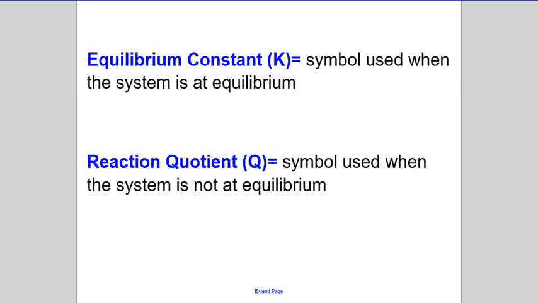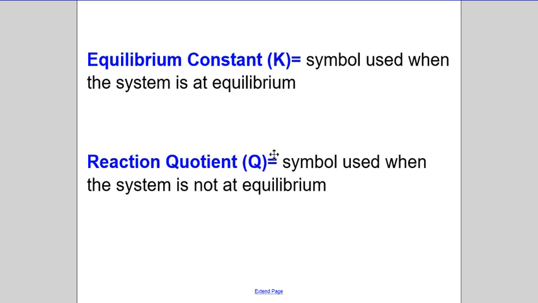So the first topic to talk about is Q and K. You guys already know what K is. That's the equilibrium constant. So that's simply what we use for any system that is at equilibrium. Any system that is at K is at equilibrium. Q, which is the reaction quotient, is basically just the symbol we use for any system not at equilibrium.